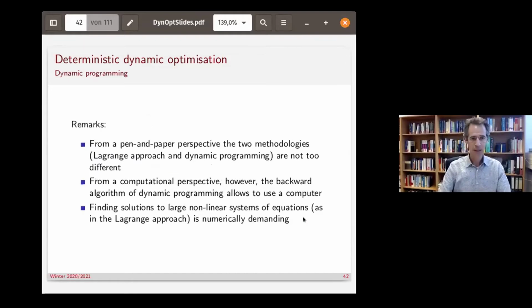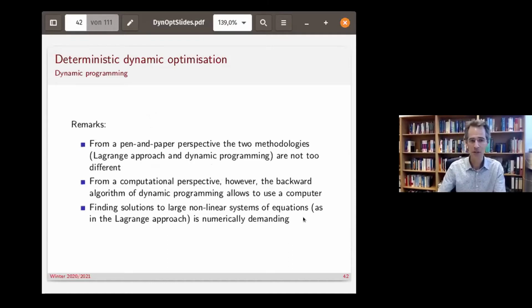Okay, just a couple of remarks. At first sight, if you compare the dynamic programming approach to the Lagrange approach, they look quite similar. And of course, the first order conditions are essentially the same because it's the same optimization problem that we solve.